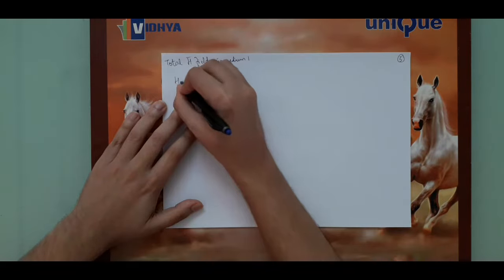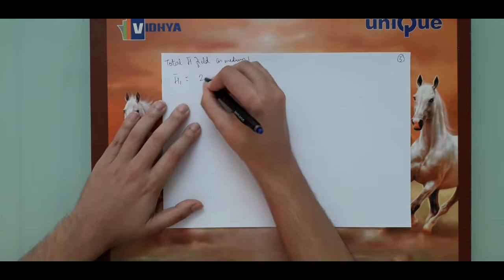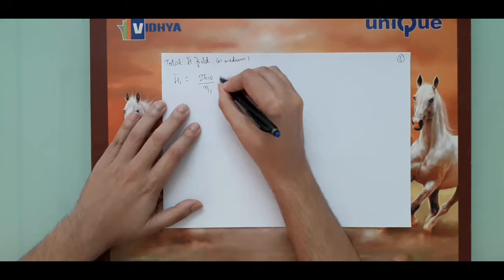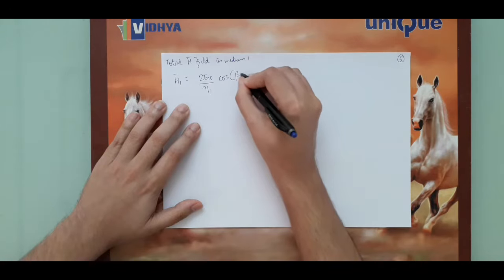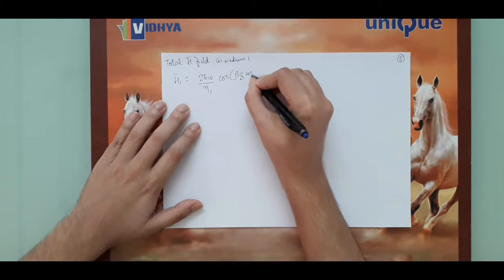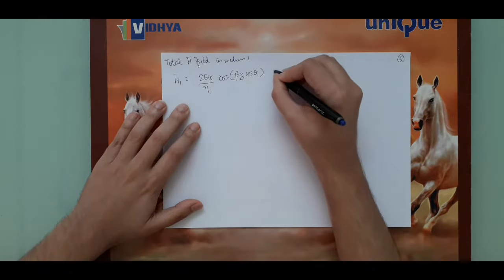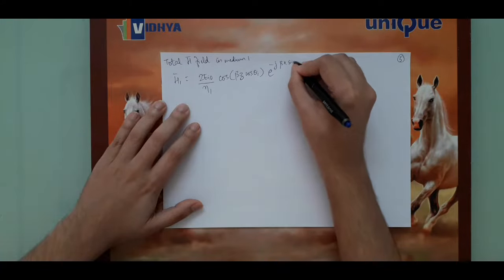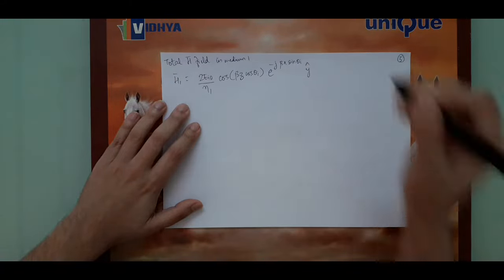So this you will get as H1 is 2Ei0 by eta 1 cos of beta z cos theta I times e raised to minus j beta x sin theta I, but on the y component.